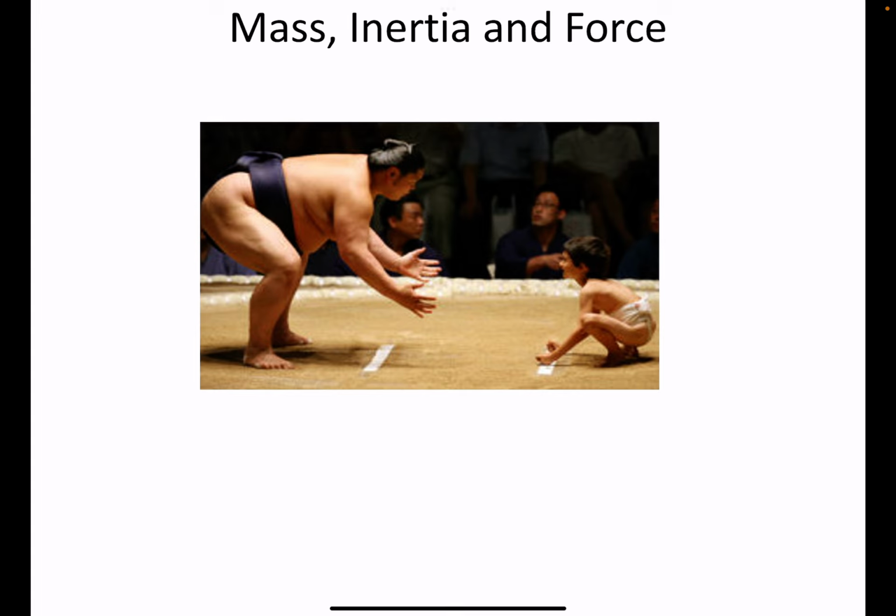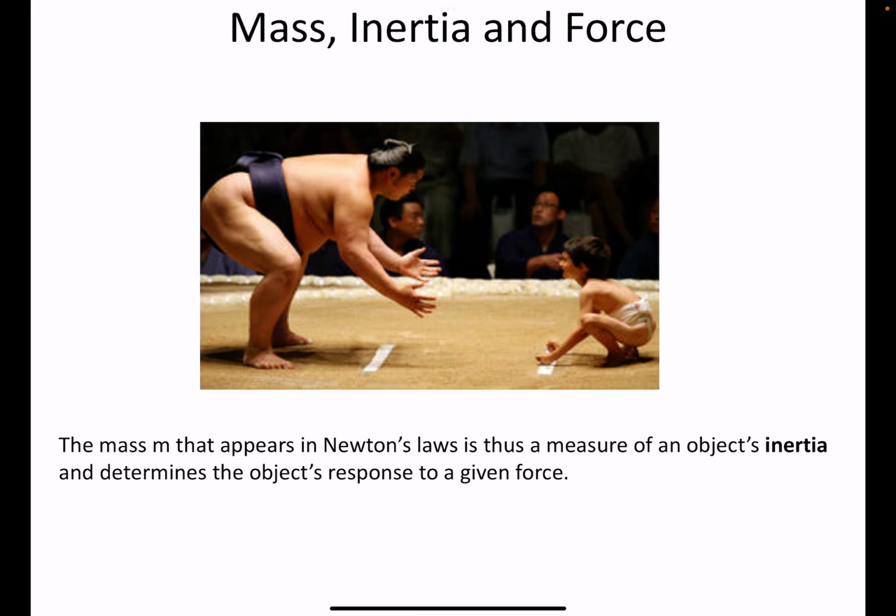The sumo wrestler has a lot of mass and therefore a lot of inertia. The child has very little mass. If they both push on each other with the same force, the child will experience a much larger acceleration. The word inertia comes from the Latin word iners, for idle or lazy.